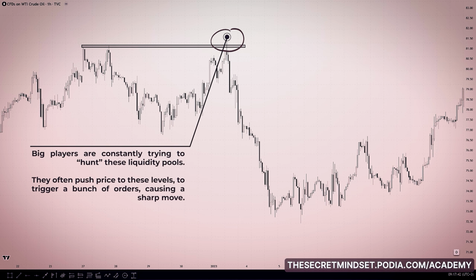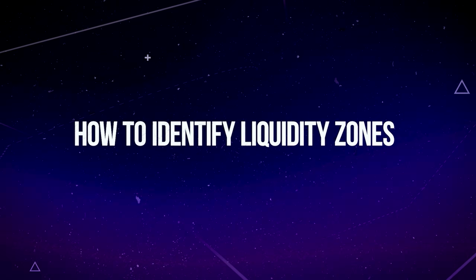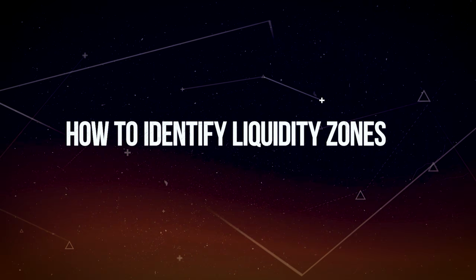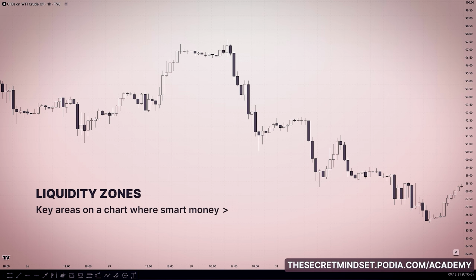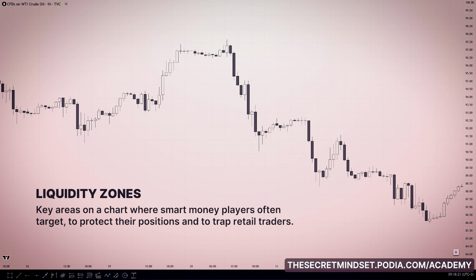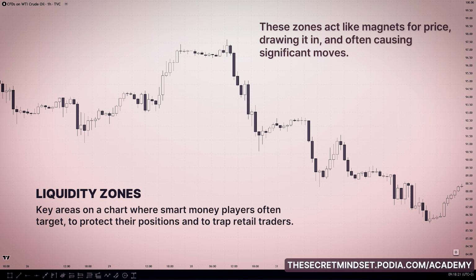They often push price to these levels to trigger a bunch of orders, causing a sharp move. So liquidity zones are key areas where smart money players often target to protect their positions and to trap other traders. These zones act like magnets for price, drawing it in and often causing significant moves.